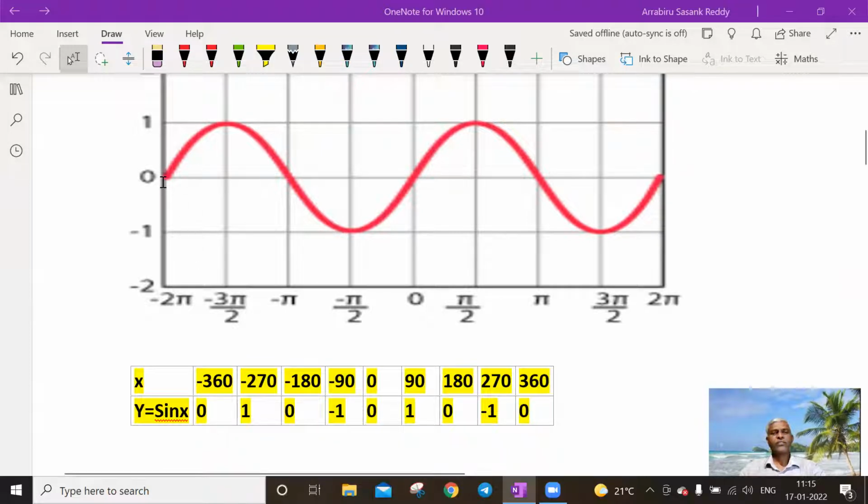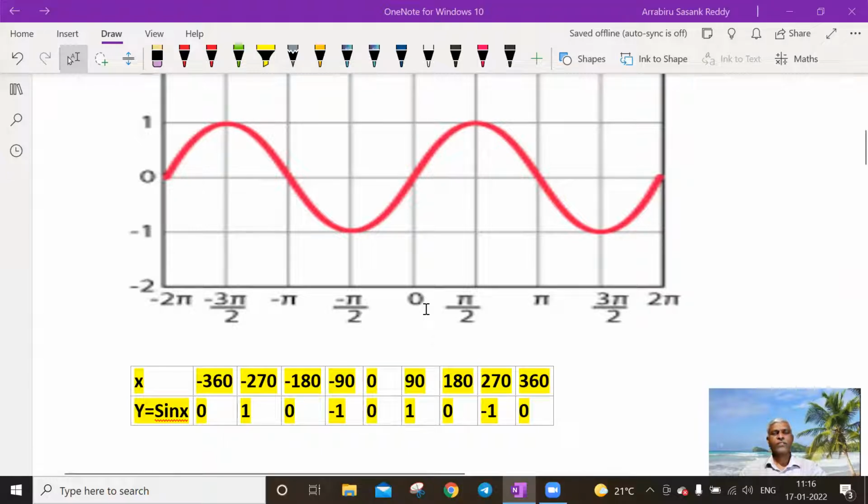Sine minus 270 is plus 1. Sine minus 180 is 0. Sine minus 90 is minus 1.